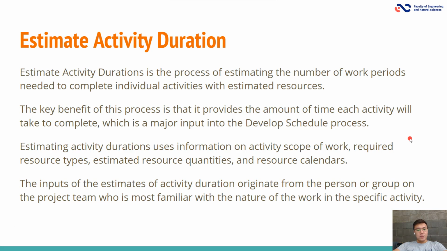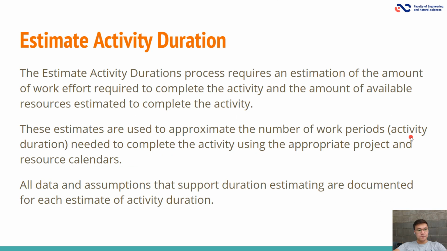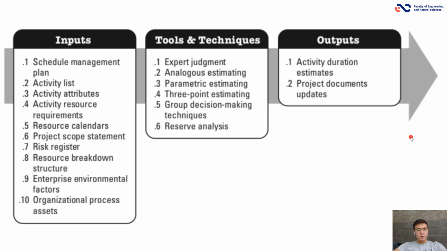Estimate activity durations. Estimate activity durations is the process of estimating the number of work periods needed to complete individual activities with estimated resources. Here on inputs you have schedule management plan, activity list, activity attributes, activity resource requirements, resource calendar, project scope statement, risk register, resource breakdown structure, enterprise environmental factors, organizational process assets.